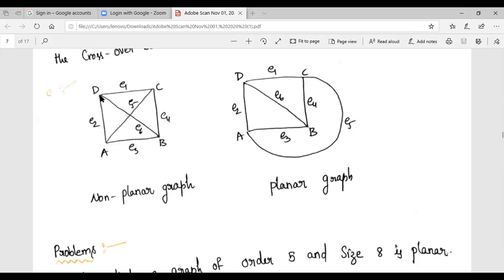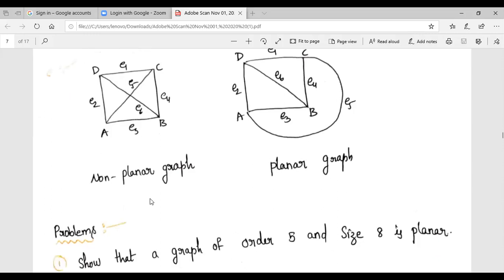A crossover point means these two edges cross each other, so this is a non-planar graph. We can turn this non-planar graph into a planar graph by drawing the A to C edge like this. So this is a planar graph.